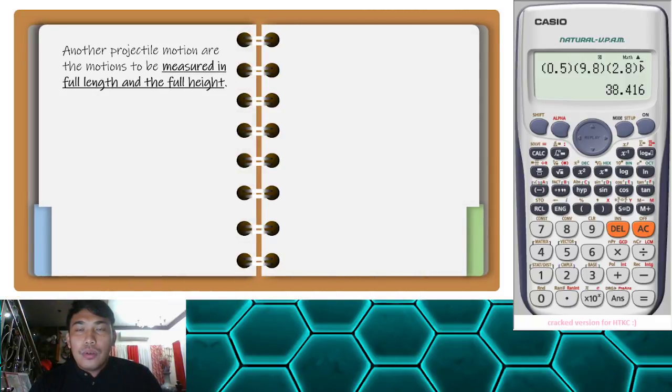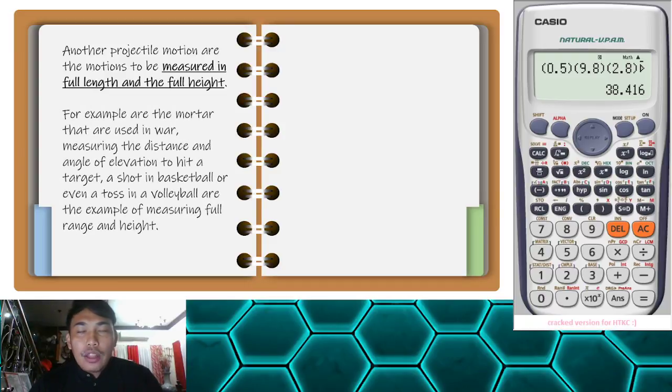For the first example, we just solved for half of the full motion, full length, and full height. So we have another projectile motion, which is seen in our title screen a while ago, where there is a full length from the starting point of the bullet shell up until its last part.